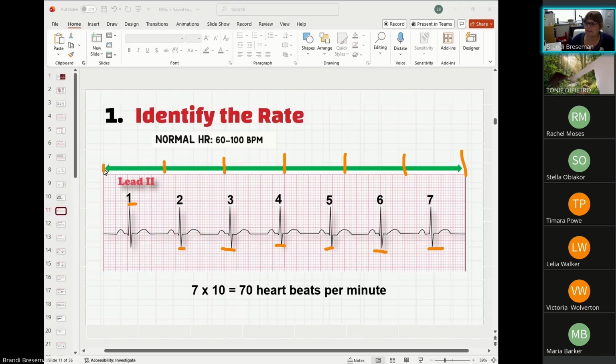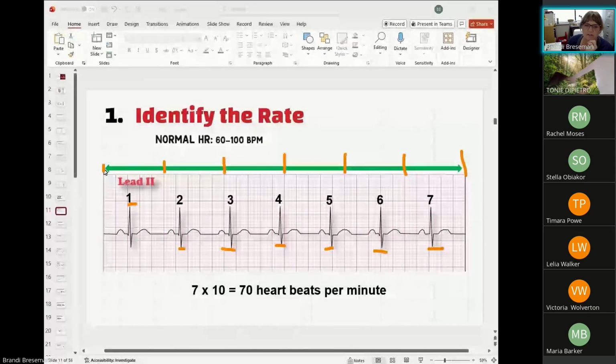So I'm going to take 7 and multiply it by 10, because there are 10 6-second periods in a minute. That gives me a heart rate of 70 beats per minute. So for this patient, the heart rate is 70 beats per minute.